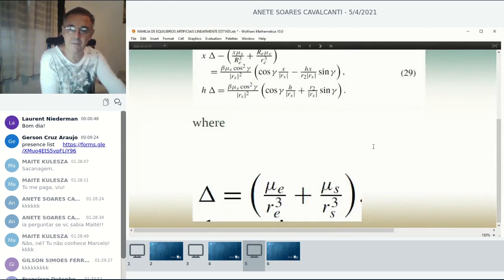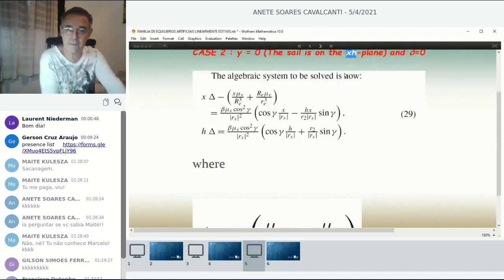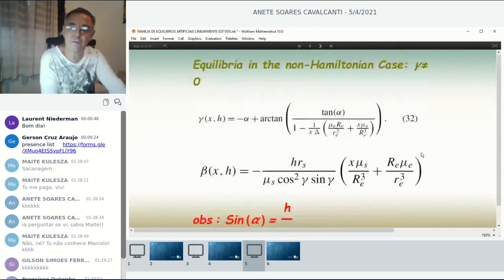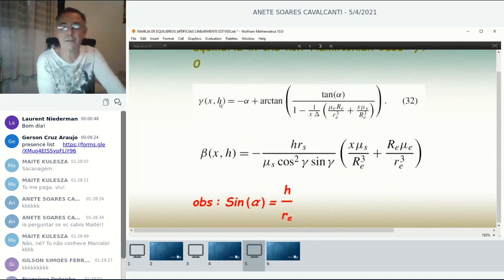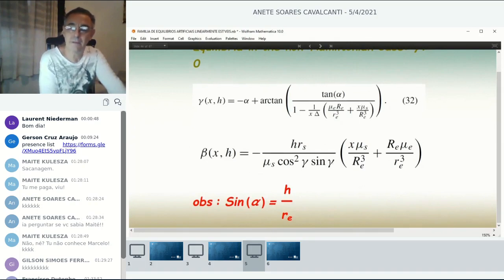Parameter of the Earth, parameter of the Sun, over the corresponding cubic distance from Earth and Sun to the sail. So I have to solve this equation now. And again, I have freedom in x and h. I can choose at will, and through this expression 32, gamma and beta can be determined in a way that I can find a family of solutions for our problem.